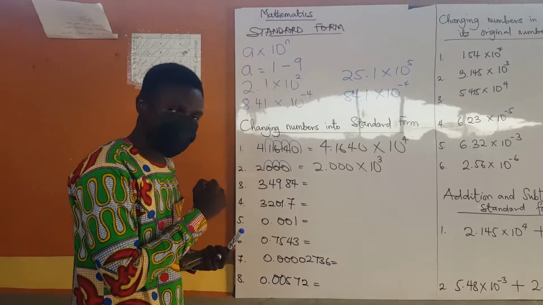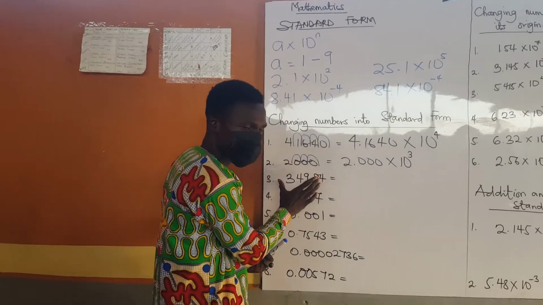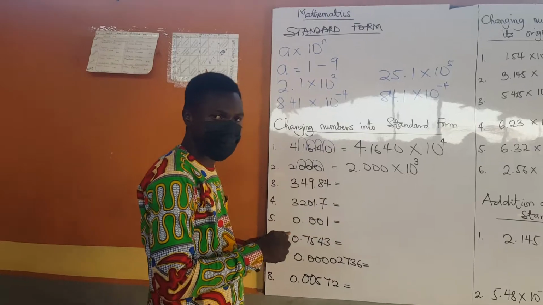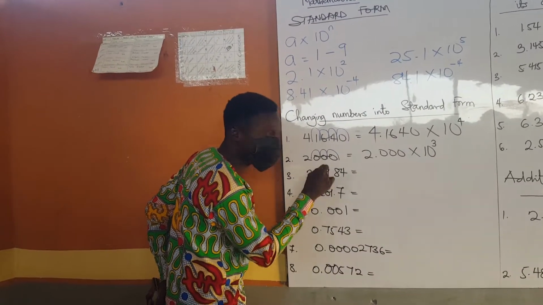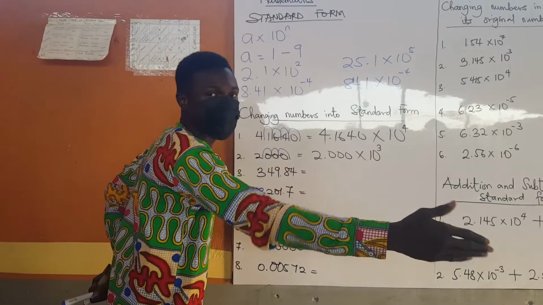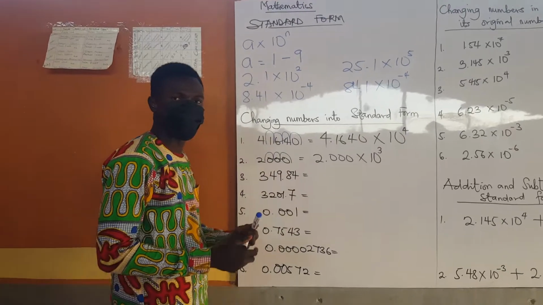Now when you look at number 3, we have a decimal point here, 349.84. We cannot locate 349 in the numbers 1 to 9, so we have to change this number into standard form.